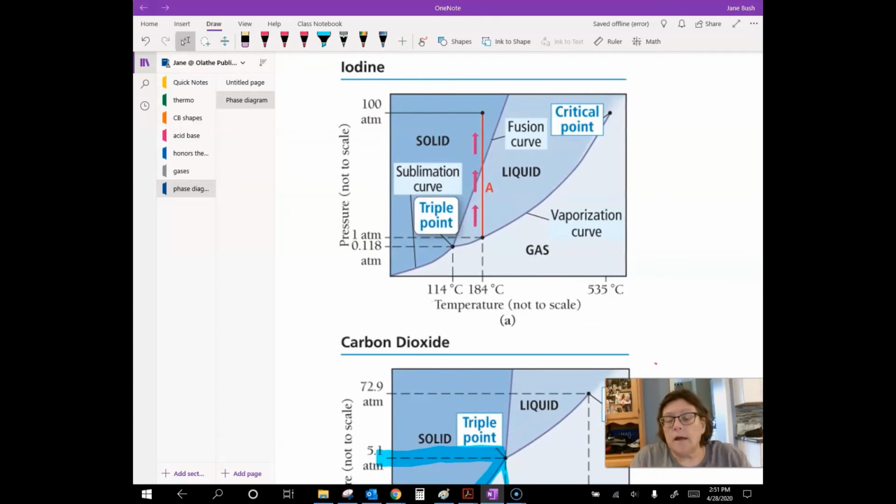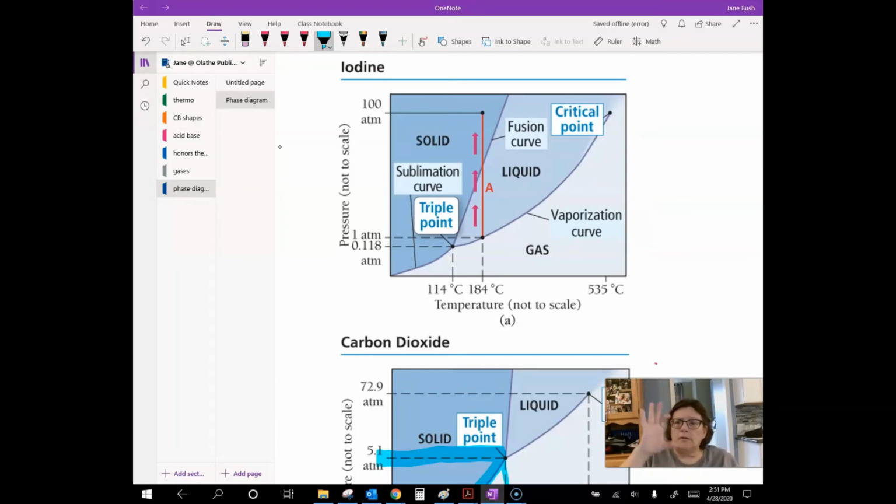Iodine's another one. Iodine is a solid at room temperature. But iodine can change to a gas very easily. It doesn't become a liquid real easily. I have some iodine in the classroom that I had for a demonstration I did when I taught Gen Chem a few years back, and it's in a sealed bottle.